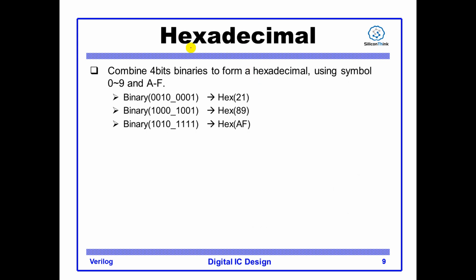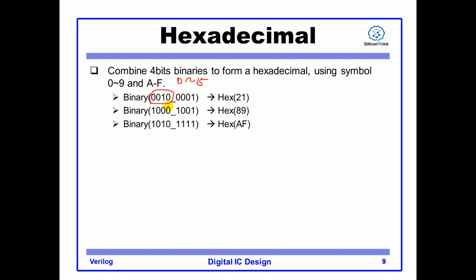And also we have hexadecimal format. This is simple. We just combine 4 bits of binary into a single character. If you combine 4 bits of binary, it will be in the value range of 0 to 15. And for values bigger than 9, we will use A to F to denote it.